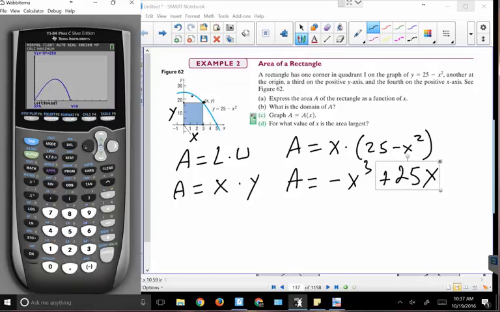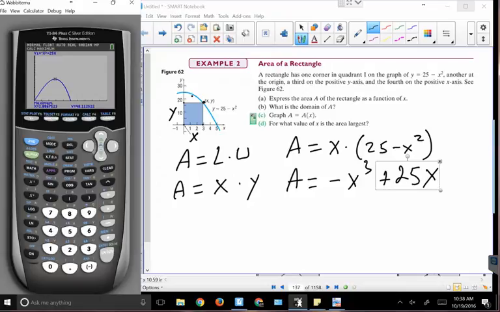Okay, left bound. Nope, won't do that. Darn it. So I got the left. The right.